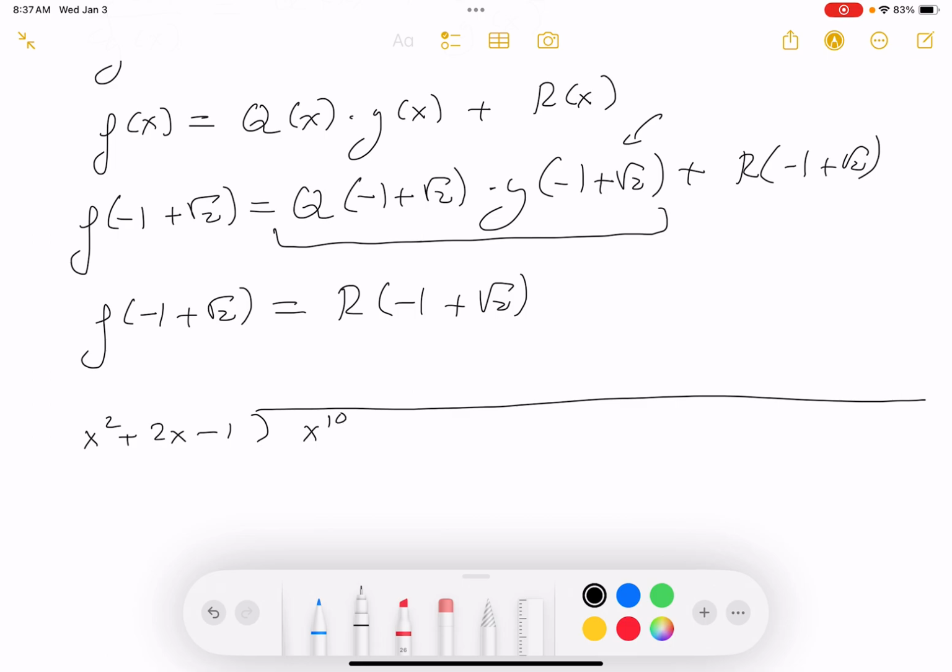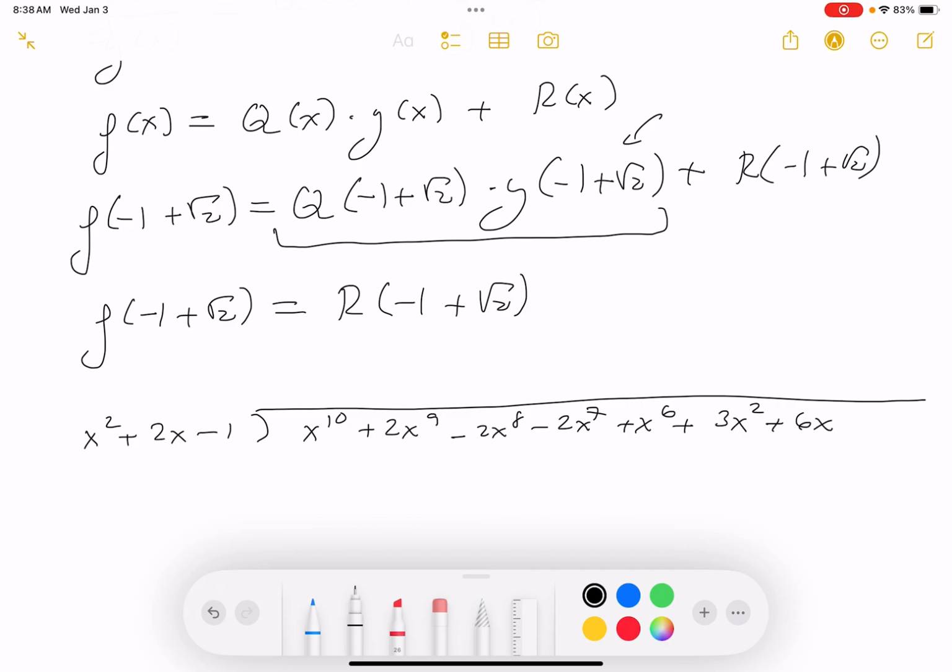But my goal is to get the remainder, by the way. And I got to look back over this to make sure I'm copying the polynomial correctly, because a lot of times I miss a term and all of a sudden things go haywire. x^10, 2x^9, minus 2x^8, minus 2x^7, x^6, 3x squared, plus 6x plus 1.